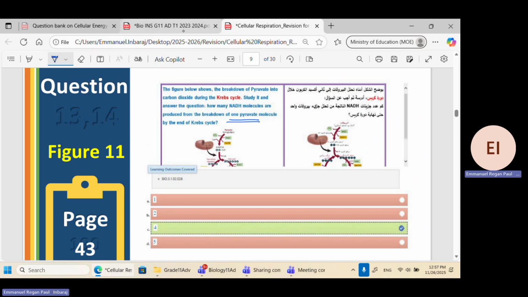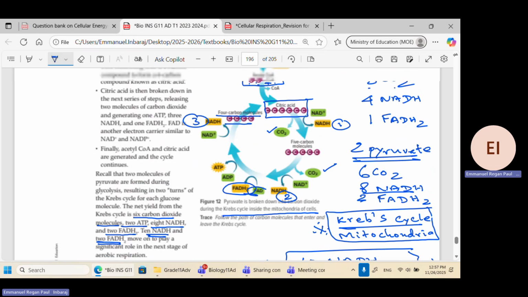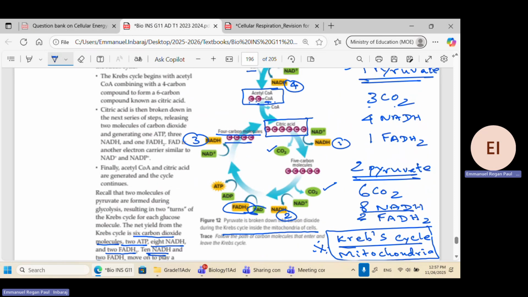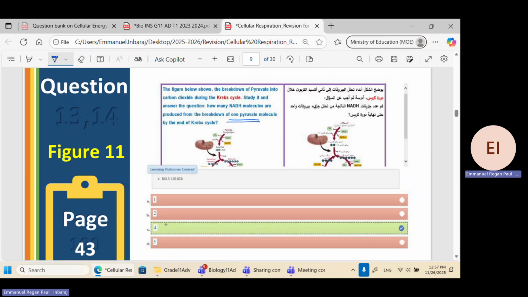They talk about only one, not two. One pyruvate gives four NADH molecules, so the answer is four. If they say two pyruvate molecules, then it will be eight.